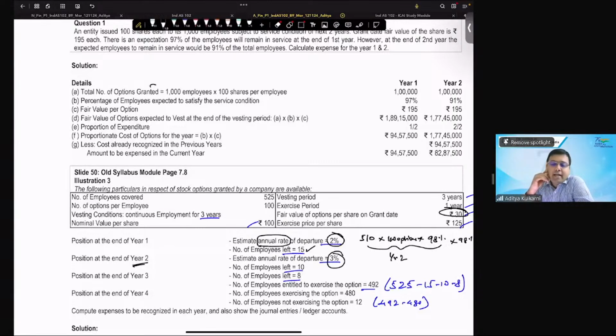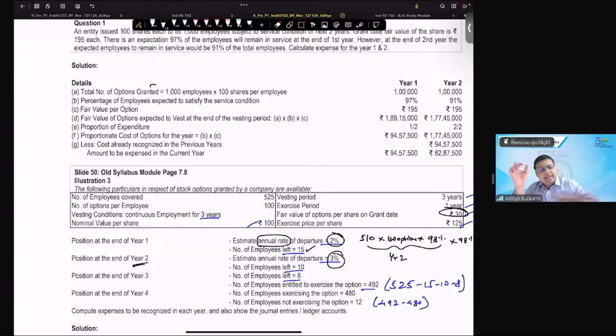Sir, will it be right if we just take the fair value on a proportionate basis for each year during the vesting period and take the actual number of employees in each year? See, when you take the actual number of employees, no harm in that. So what you are basically trying to tell, Karthik, correct me if my understanding is wrong: you are saying that we do not need to do this estimate.